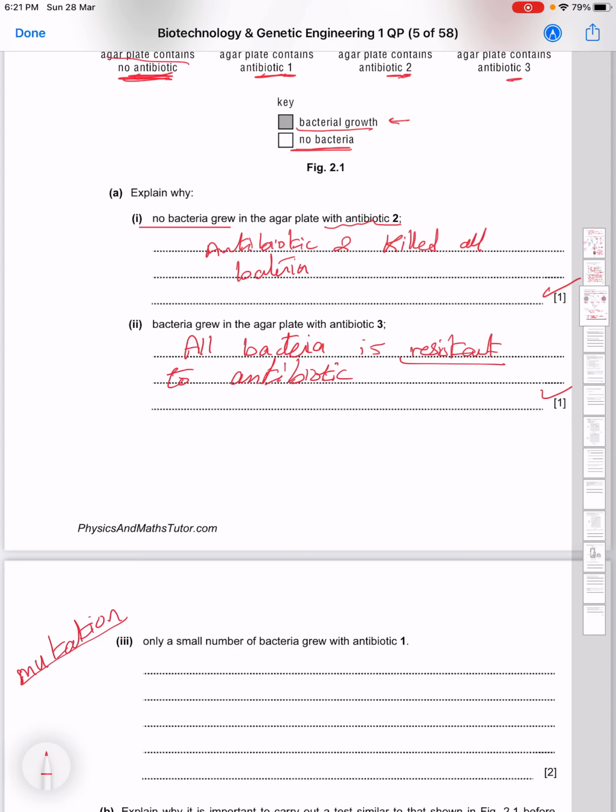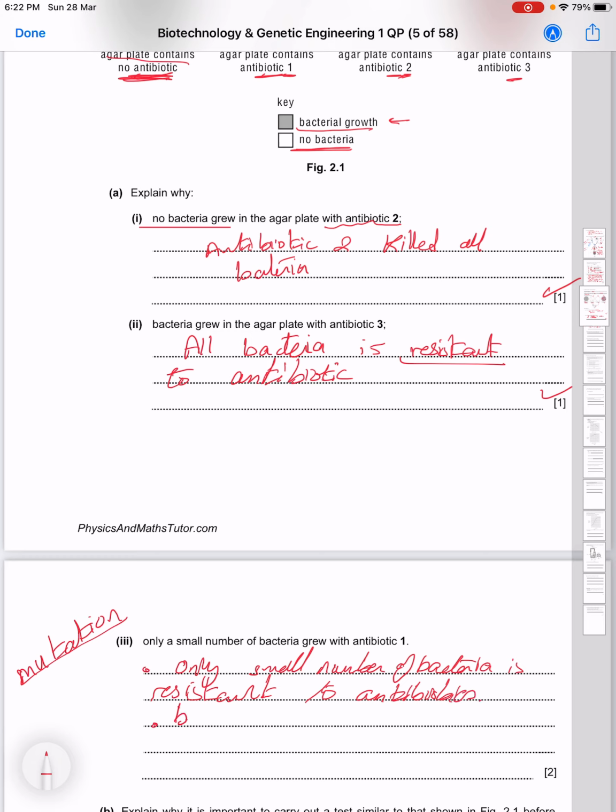So what I'm gonna say here in this question is that only a small number of bacteria is resistant to antibiotic. Okay, as I mentioned, it's always lovely to mention the reason.